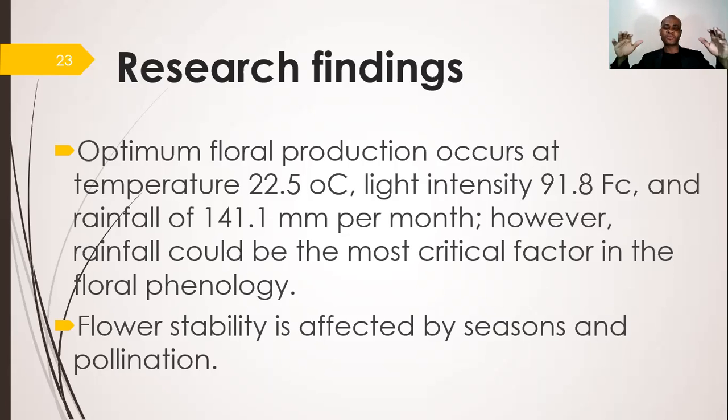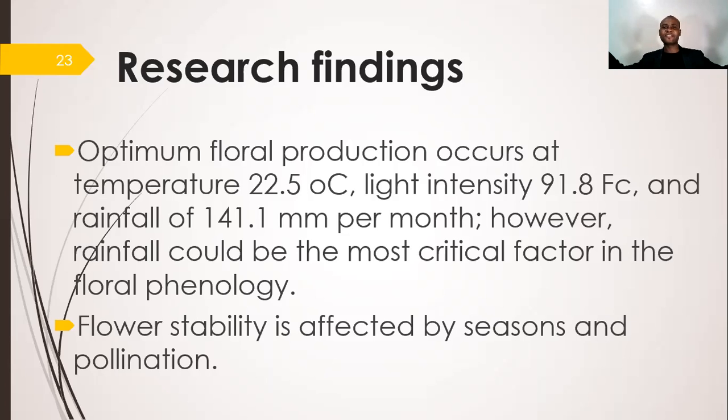So if the soil moisture is very low, flower formation can be seriously affected. And that's why we have peak season and low season, or we have peak harvest and then off-peak harvest. So the difference is just rainy season and dry season.